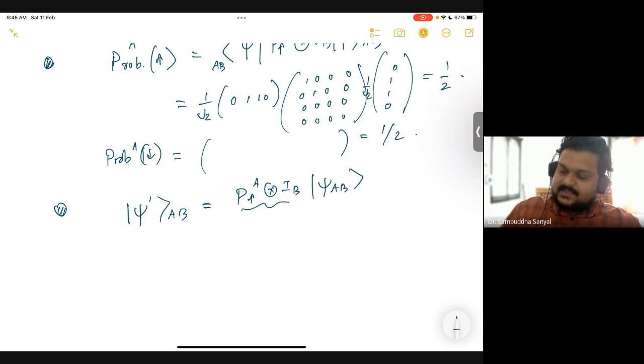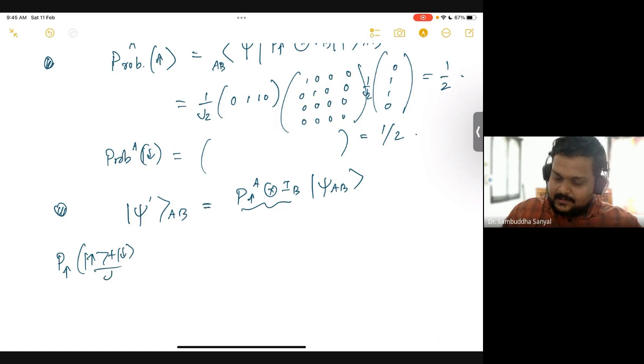This is the projection operator acting on psi that will give you the state. Just like you can say that the projection up acting on up plus down will give you the state that you will get because of measuring upspin in a Stern-Gerlach device. So also, of course, it has to be normalized. Right? So the normalization is simply this.